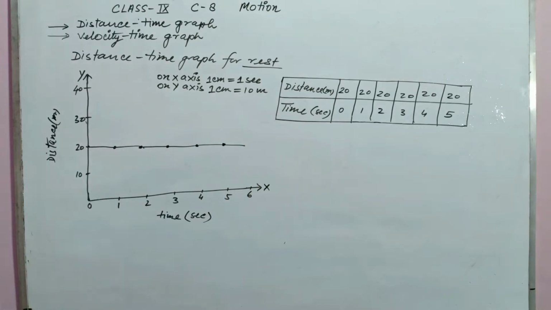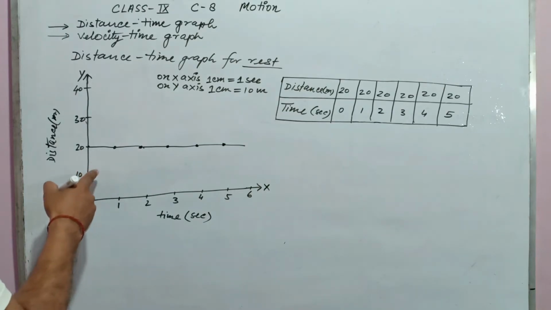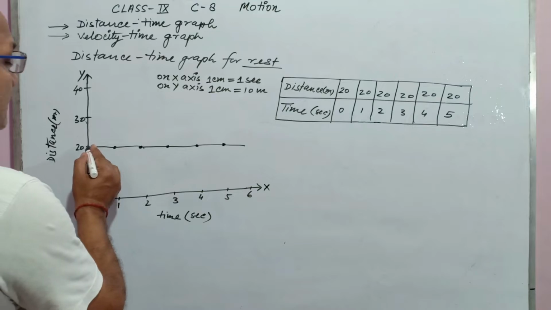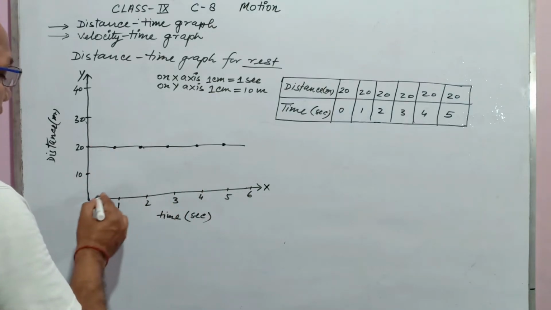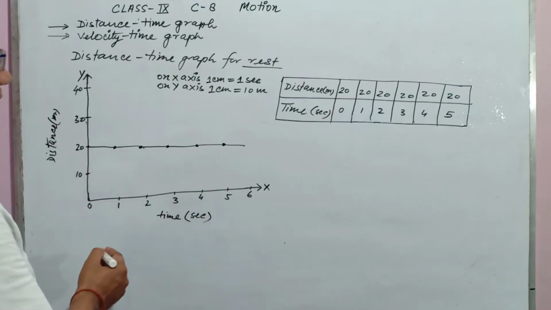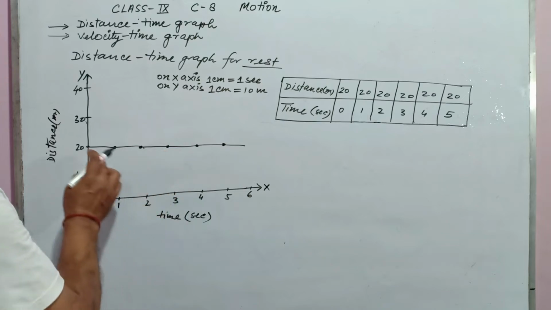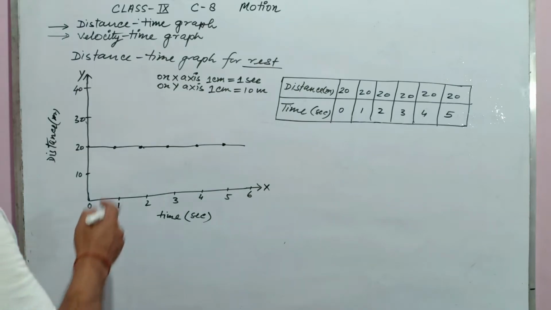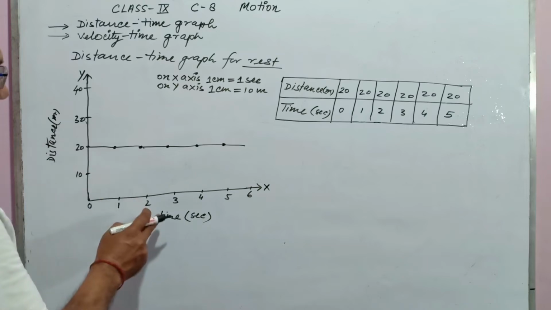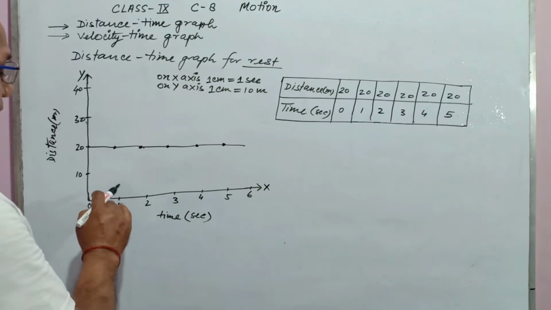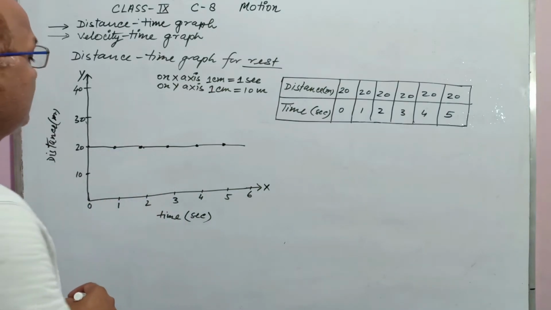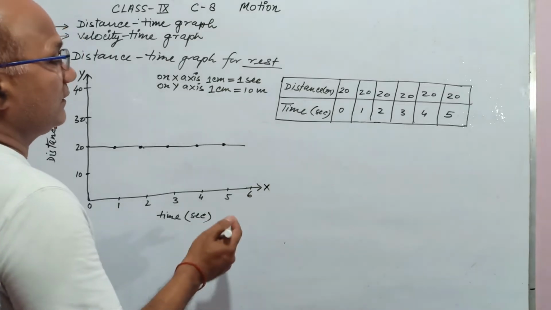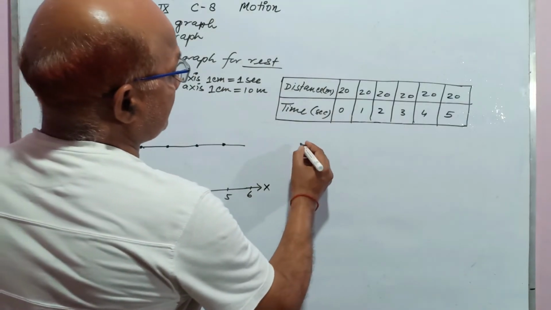Now we can see that this graph is parallel to the time axis. It is a straight line and parallel to the time axis. So the type of motion is rest, because when a distance time graph is parallel to the time axis, the motion of the body is at rest.